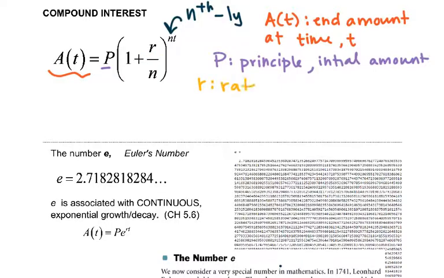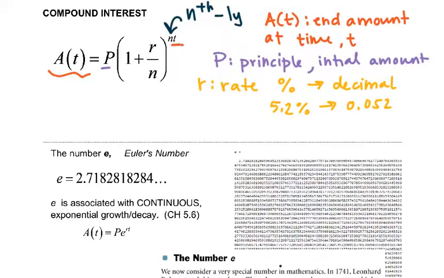And whatever we use for our rate, we need to take that percentage and make sure it's turned into a decimal. Okay, so 5.2% would be 0.052. You need to divide by 100% and move the decimal 2 places to the left.